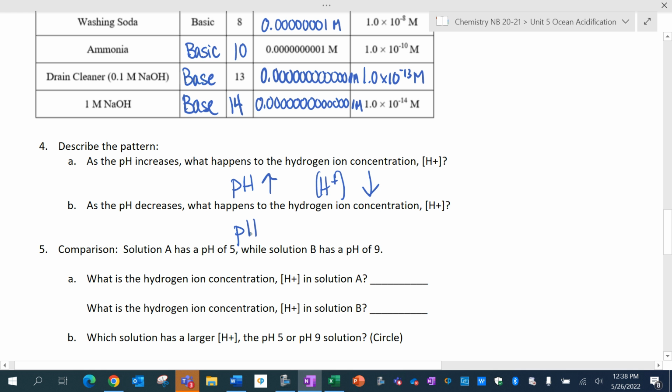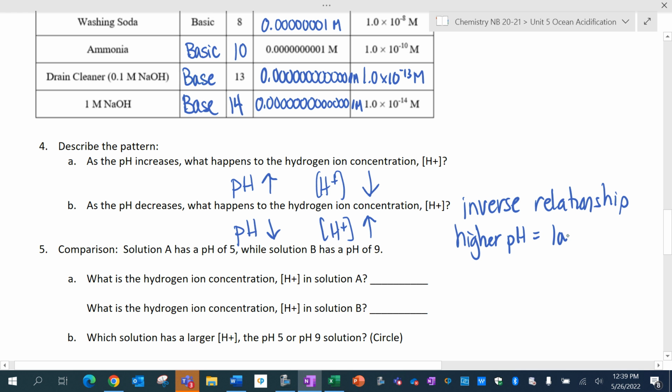And as the pH decreases, the hydrogen ion concentration increases. So we want to notice it as an inverse relationship here. So a solution with a higher pH has a lower hydrogen ion concentration, and a solution with a lower pH has a higher hydrogen ion concentration.